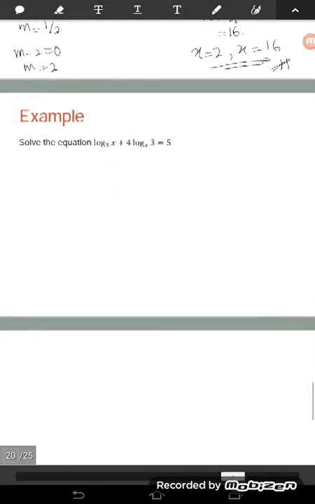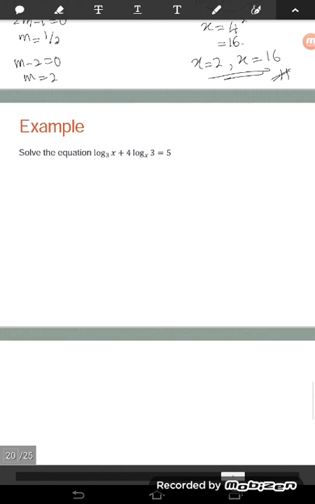Okay, so for this one, so first we need to, okay, so kalau kita dah nampak dia akan jadi quadratic, okay, so what we need to do, we need to make it the same base. Here x3, but here 3x. So we change the base x into base 3. Tak kisah nak buat yang ni boleh, nak buat yang ni pun boleh, tak ada masalah.